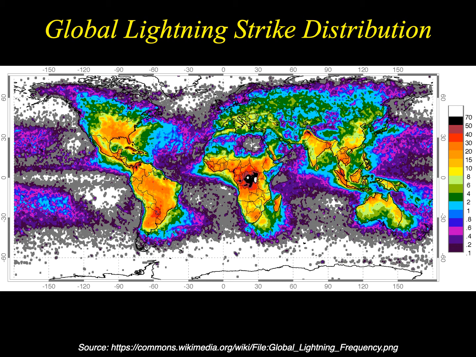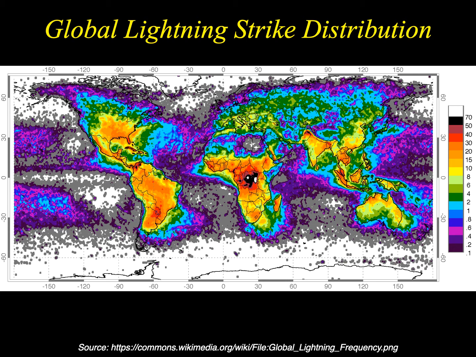So lightning strikes are monitored on our planet from, I think it's satellites, but I think surface measurements too. And here we can see a distribution map of lightning strikes. And I think this is over a 1-year period. So it shows the frequency of lightning events, and you can conclude that those lightning events are being caused by thunderstorms.